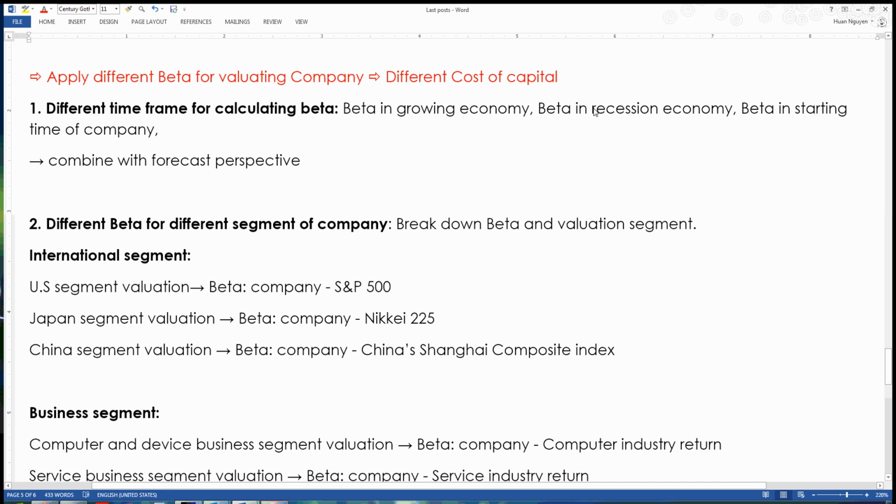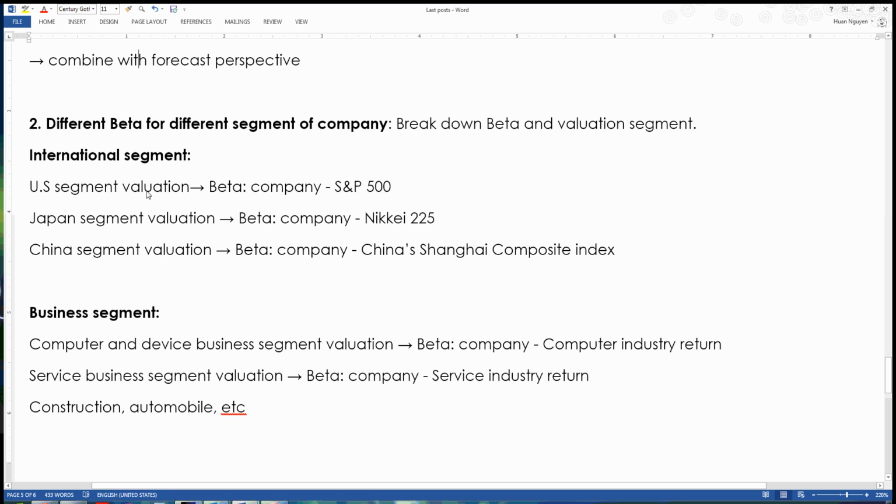For example, in 2012 we should use a beta of the stock and market return in the time frame of 2007 to 2010.